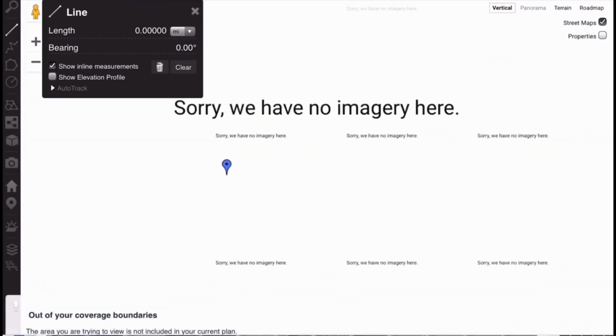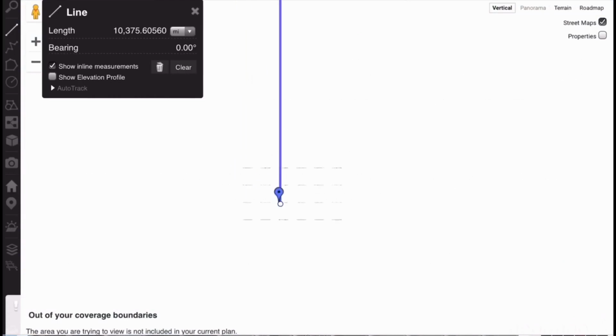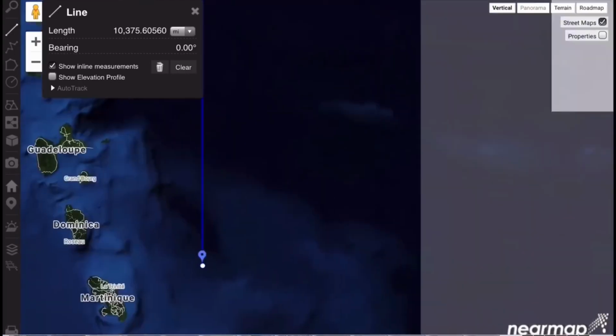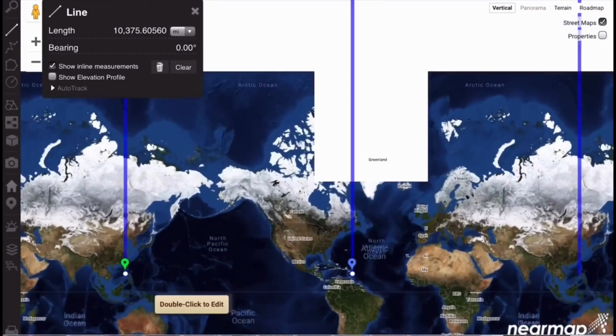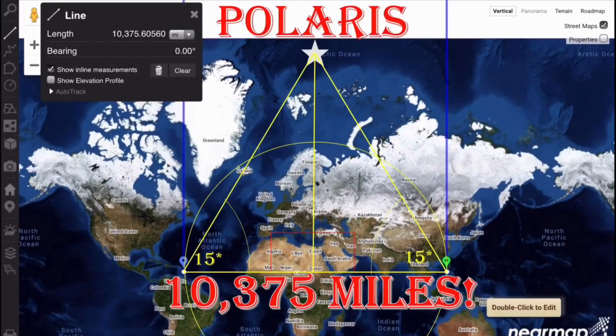We can measure between them and we get 10,375 miles of flat earth and ocean. And that's being nice to the globe.